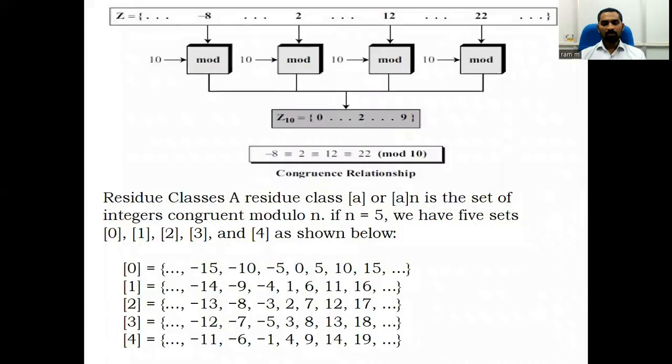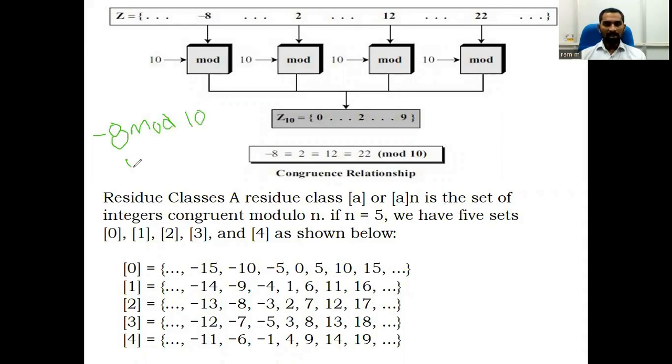So if you consider here, all of these are congruent equivalent: -8, 2, 12 and 20. Now how are we going to find the mod of a negative value? This is one interesting concept. So I need to find -8 mod 10.